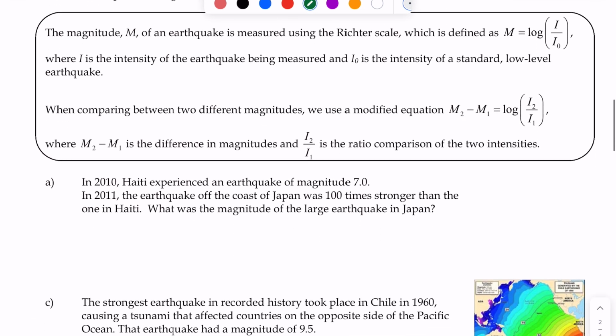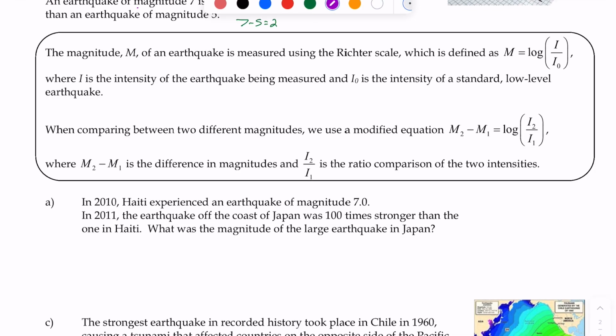Okay, so just as we did in the pH, you have a formula to calculate the magnitude of earthquakes, and then we also have a second formula that allows us to calculate the comparison between earthquakes. So you will be given both of these formulas. All right, so it's just knowing what piece of information a question is giving you and where to put it.